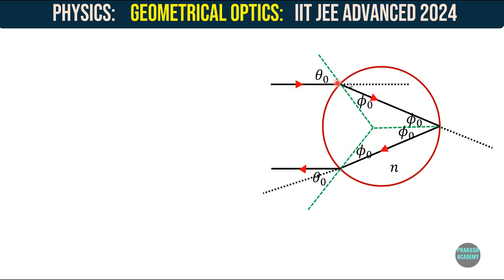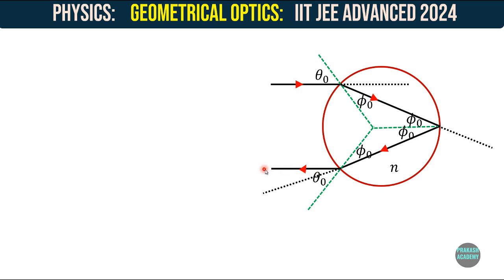Now due to the symmetry of the problem, this angle has to be theta naught, because this angle is theta naught, then this angle has to be theta naught. And this can also be stated based upon the reversibility of the light ray.